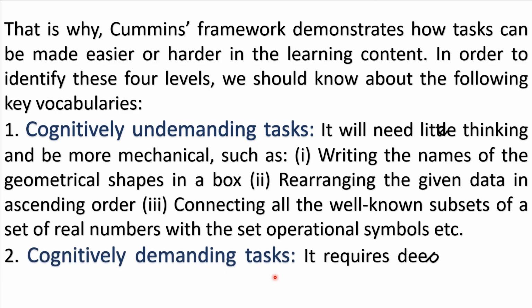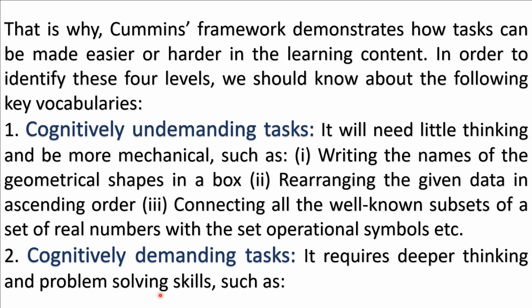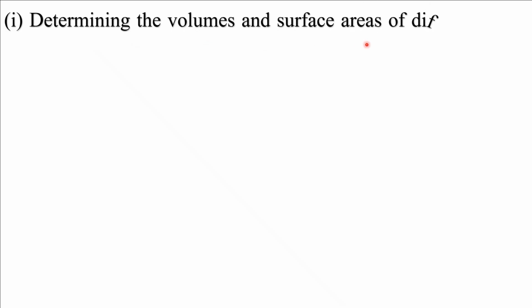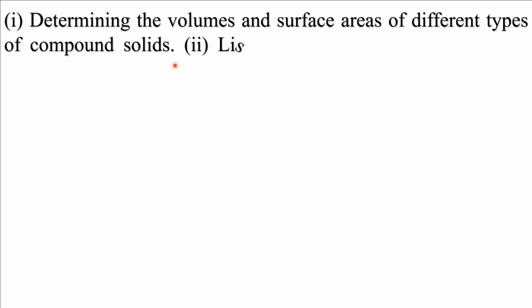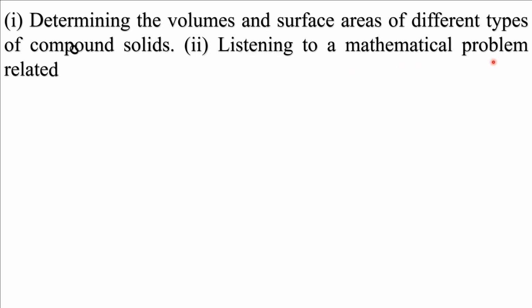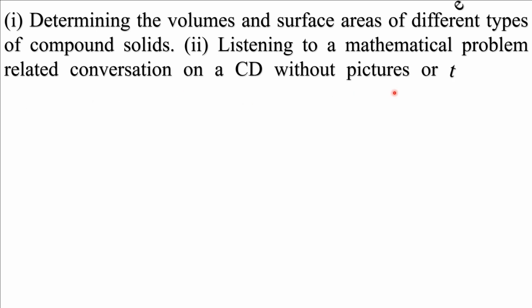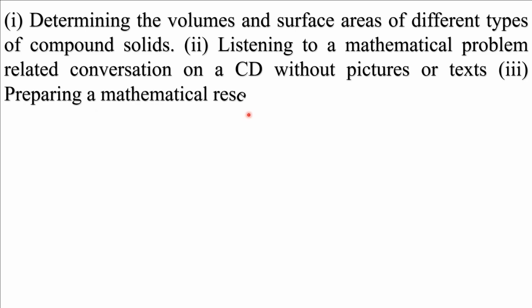Cognitively demanding tasks. They require deeper thinking and problem-solving skills, such as: 1. Determining the volumes and surface areas of different types of compound solids. 2. Listening to a mathematical problem related conversation on a CD without pictures or text. 3. Preparing a mathematical research work, etc.